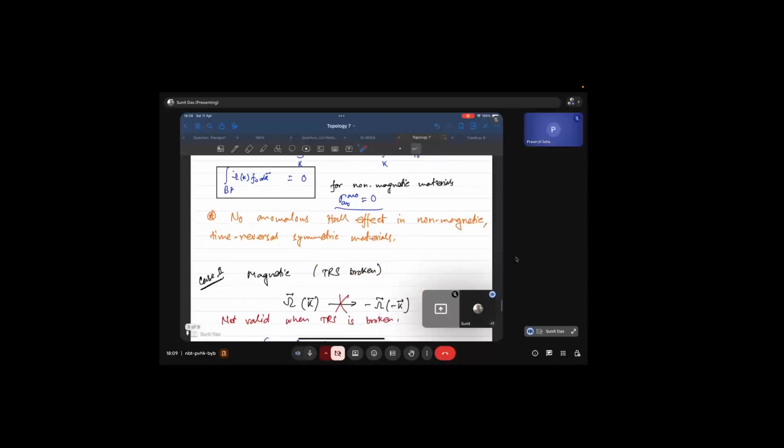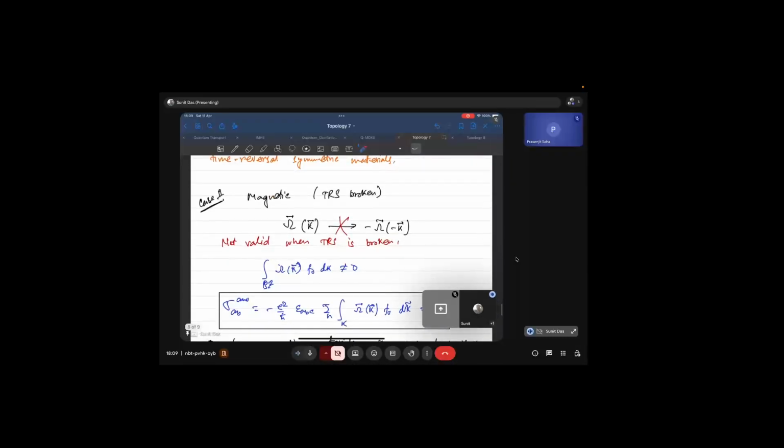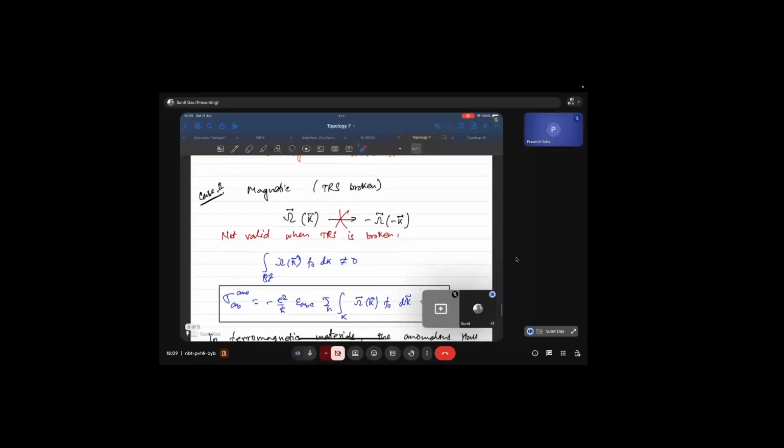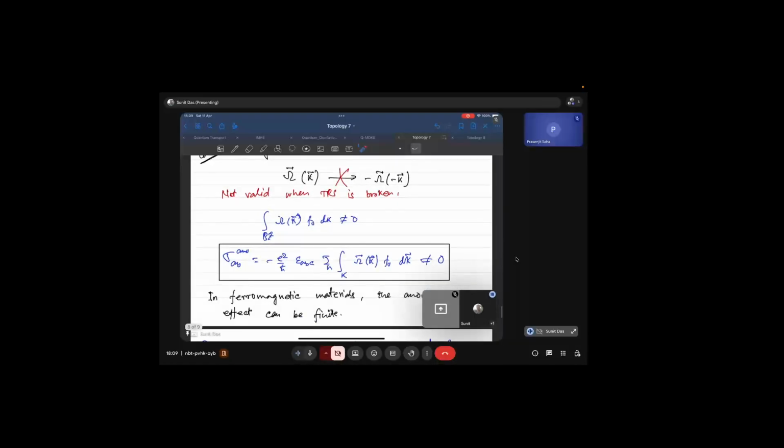However, if the time reversal symmetry is broken, which is the case for magnetic materials, this symmetry condition doesn't hold. This breaks the cancellation of the integration of the Berry curvature in the region, so that it can be non-zero. It can take any continuous non-zero value.